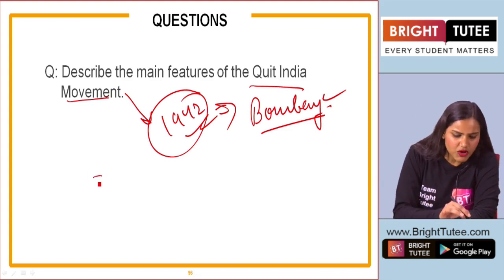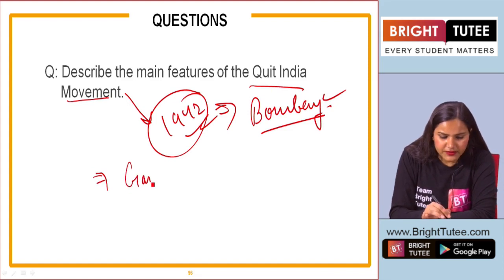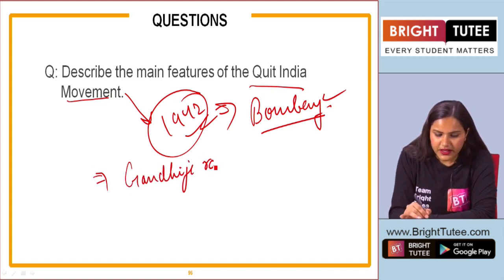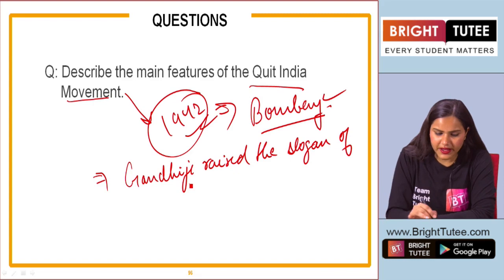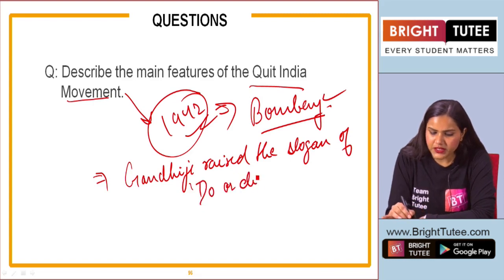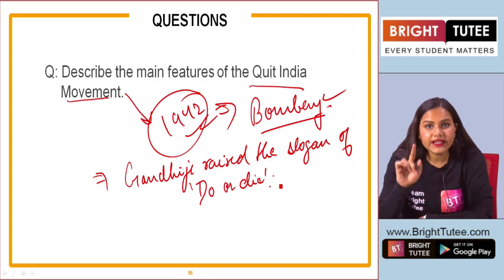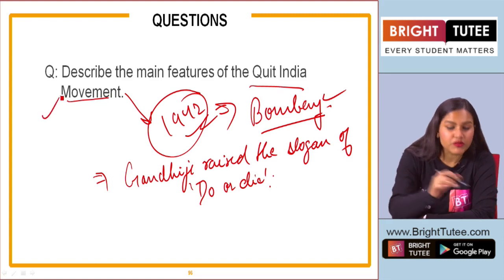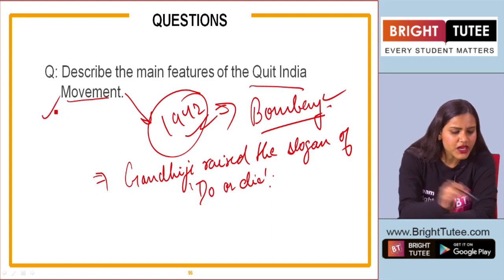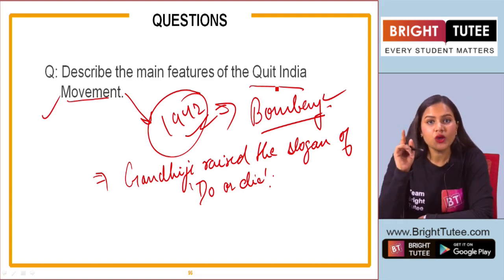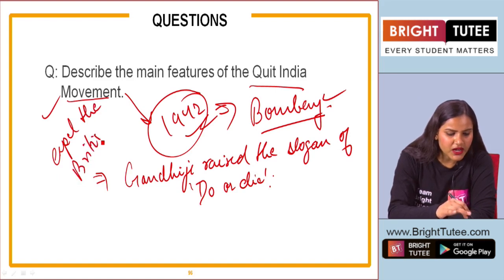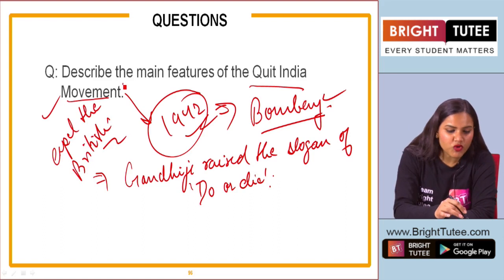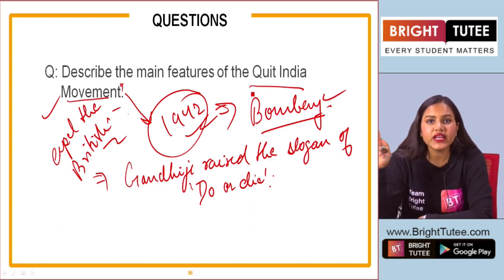So we have to talk about how Gandhiji then raised the slogan of 'Do or Die', because by now, students, we all know that Indians wanted complete independence, and Gandhiji knew that it was only possible when they expelled the British from the country, right? So therefore, this movement was launched, known as the Quit India Movement.